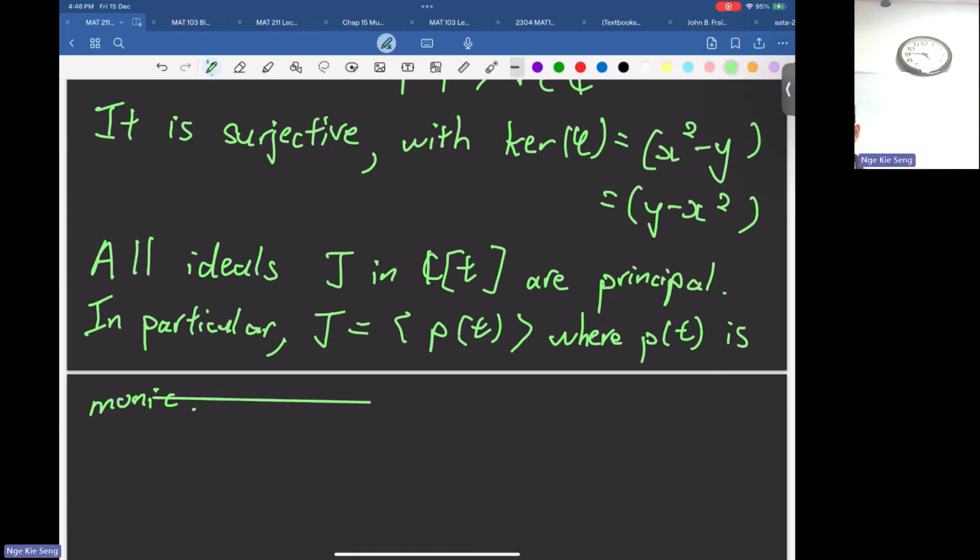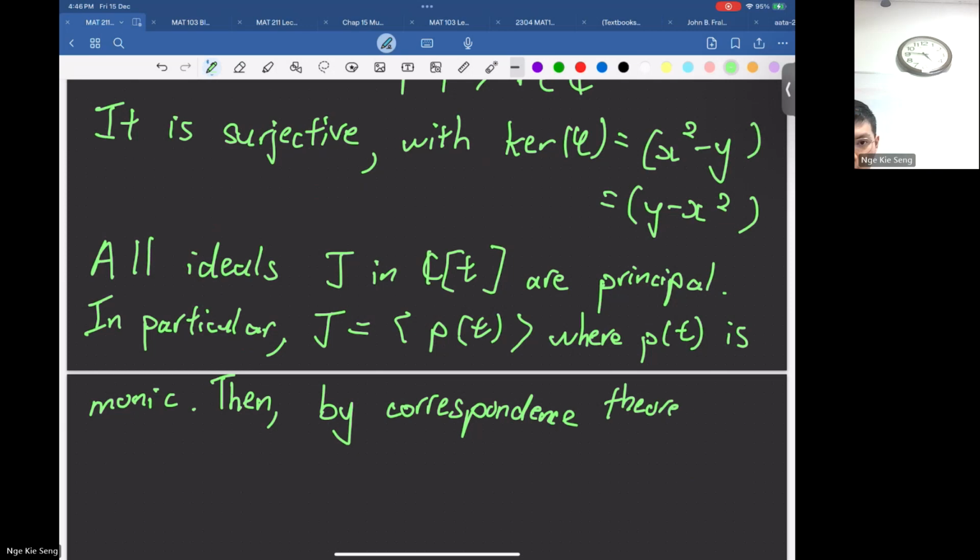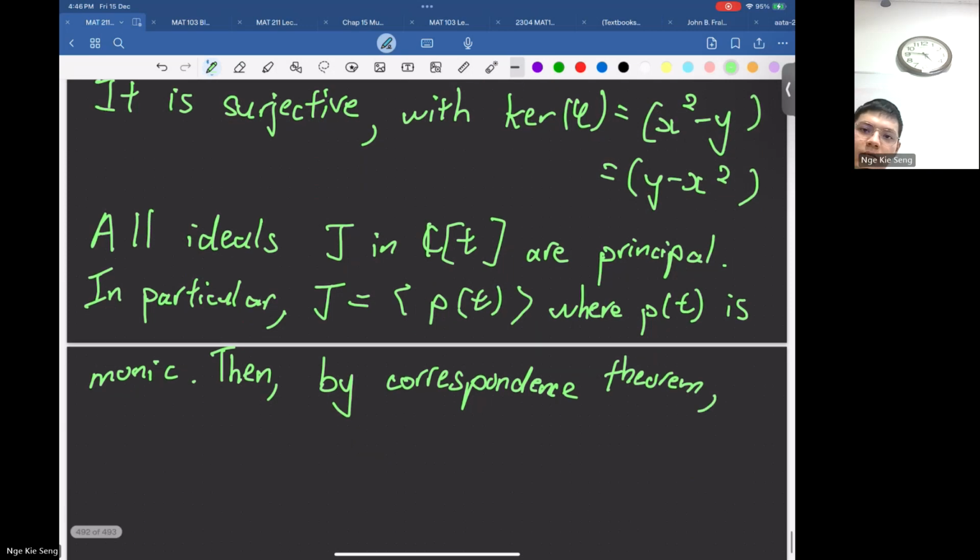So in this case here, what? So then by the correspondence theorem, what do we have?